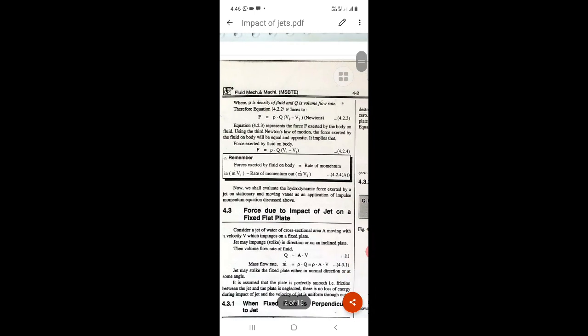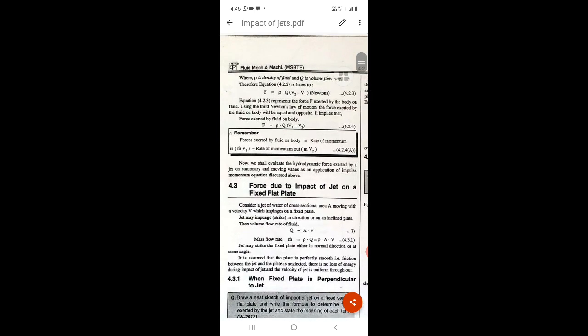Next, there are six cases: three cases when the plate is moving and three cases when the plate is fixed. Out of that, we study the three cases when the plate is fixed.